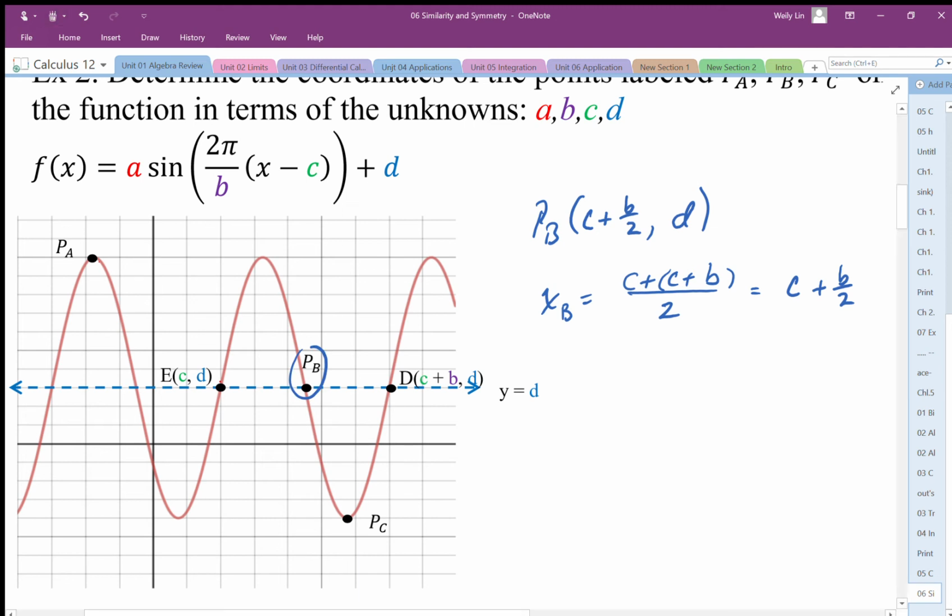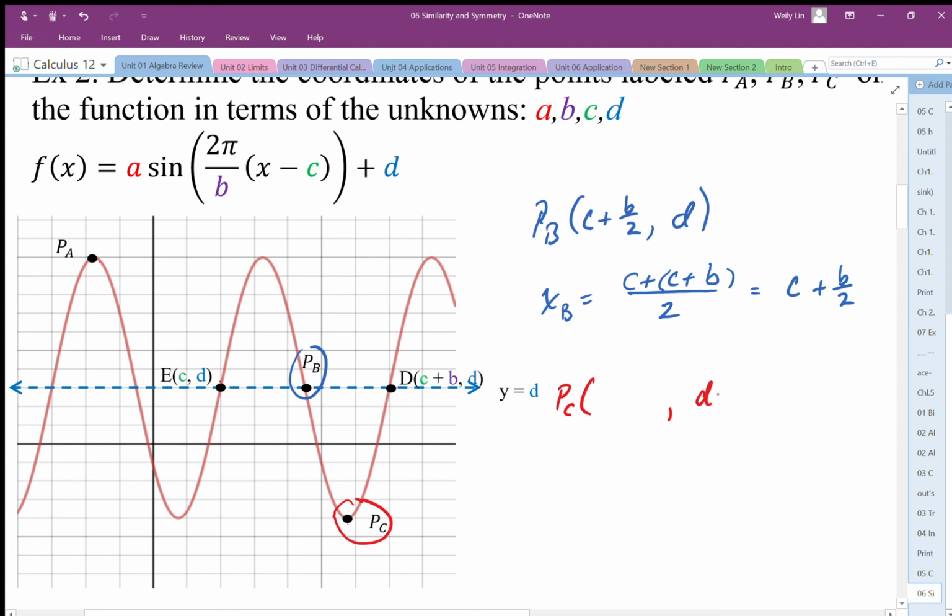So let's take a look at this point here. This point here is halfway between these points, or basically a quarter period. So we can add a quarter period to get there, but I'm going to do the exact same thing as I did before. So I'm going to do point C. The y coordinate is going to be at D, and I'm going to go down by the amplitude.